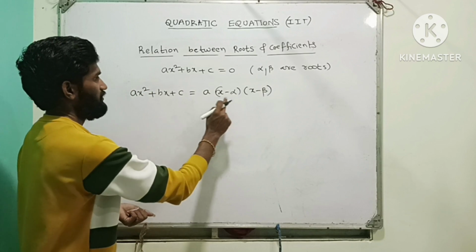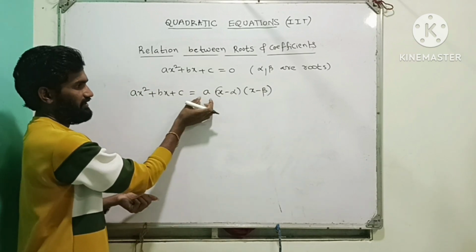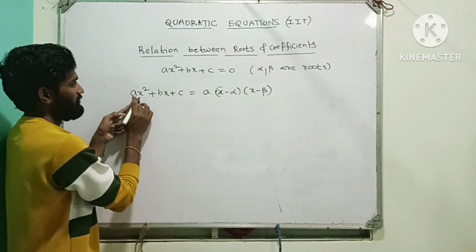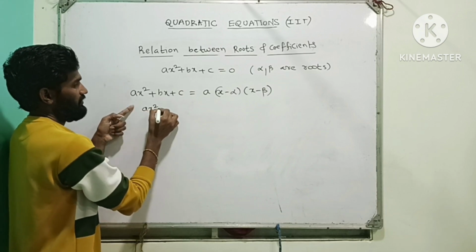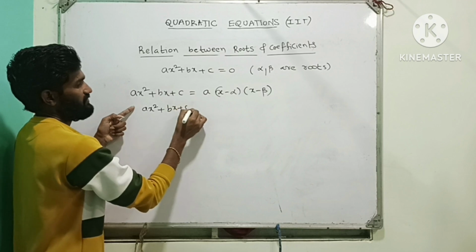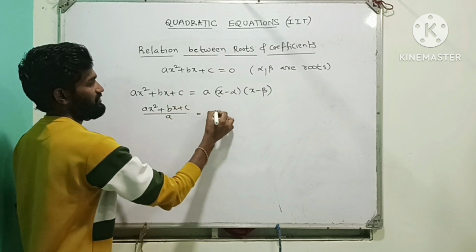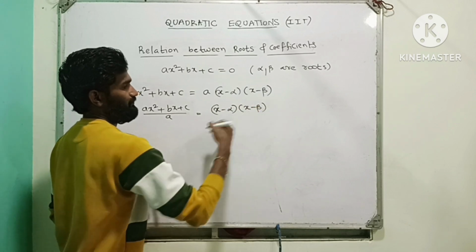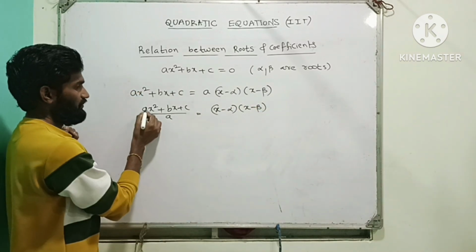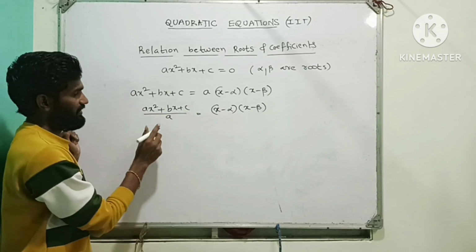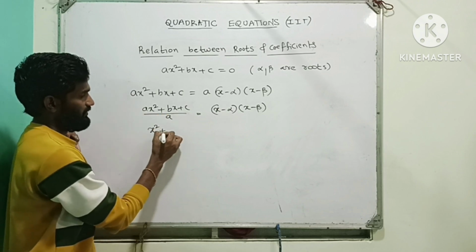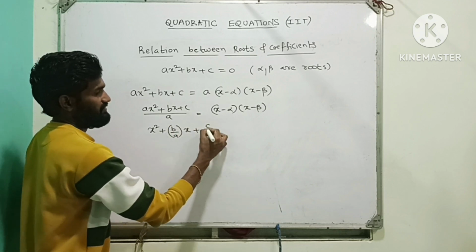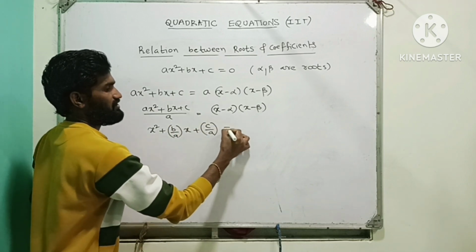Now what will happen if I divide this with a, means if I send this a to this side, it is ax square plus bx plus c by a, which is equal to x minus alpha into x minus beta. Dividing individually with a, I get x square plus b by a into x plus c by a.